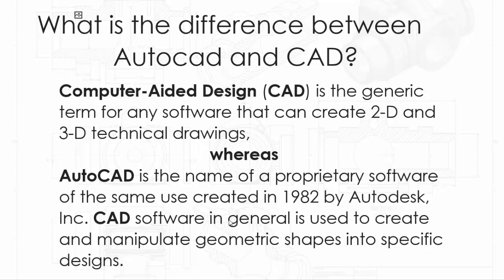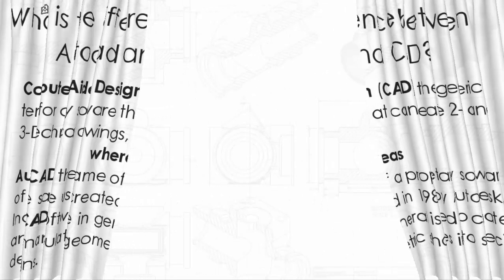But AutoCAD is the name of a proprietary software of the same use created in 1982 by Autodesk. This software in general is used to create and manipulate geometric shapes into specific designs. So it is a complex software and very, very manipulative.